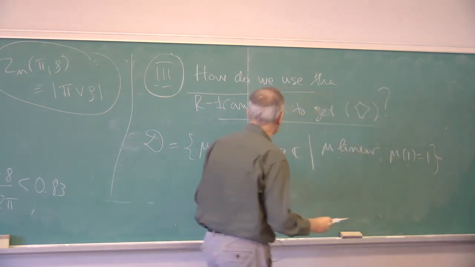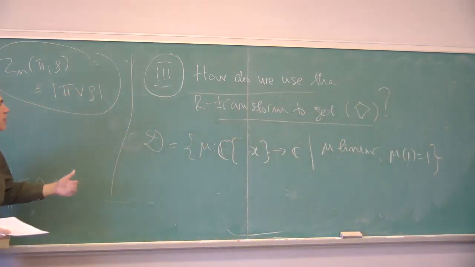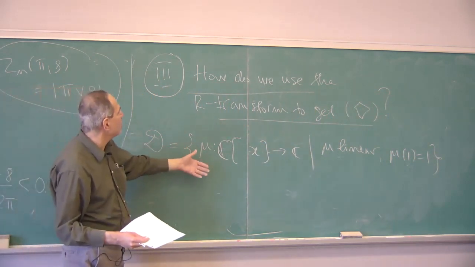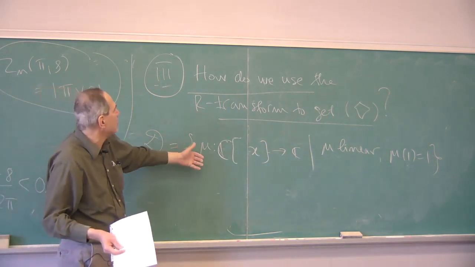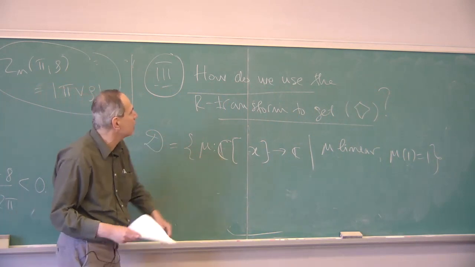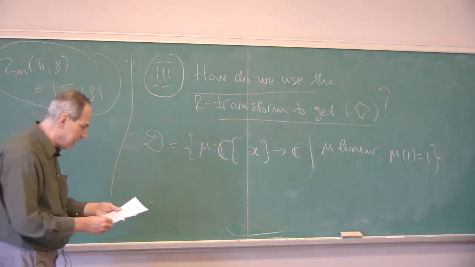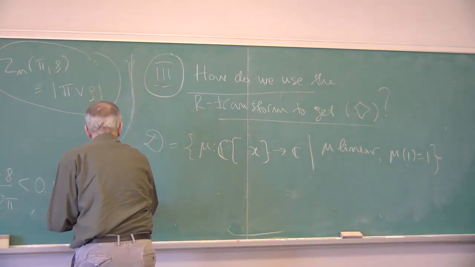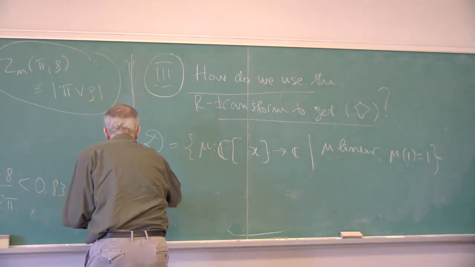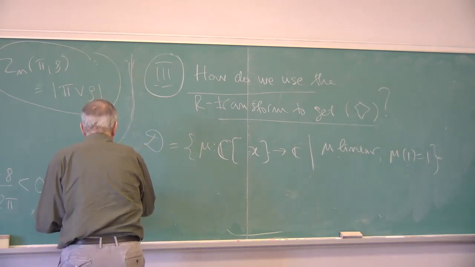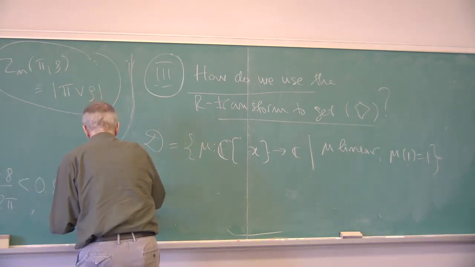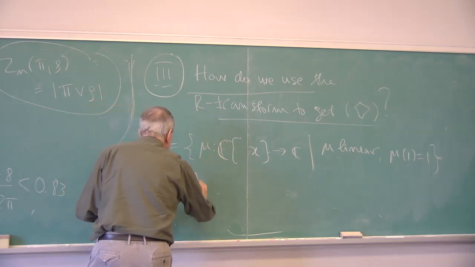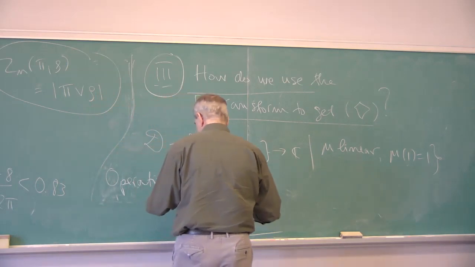You can think of mu as given by some probability measure with compact support, where this tells you how to integrate polynomials. This mu has an operation called box plus.